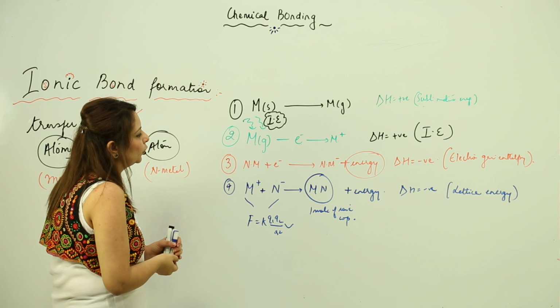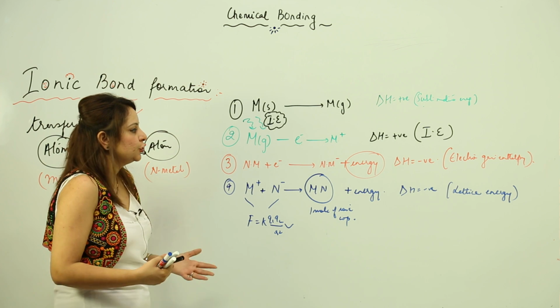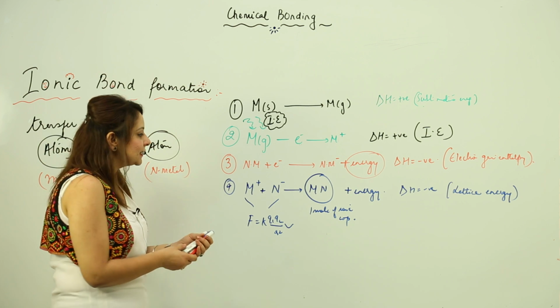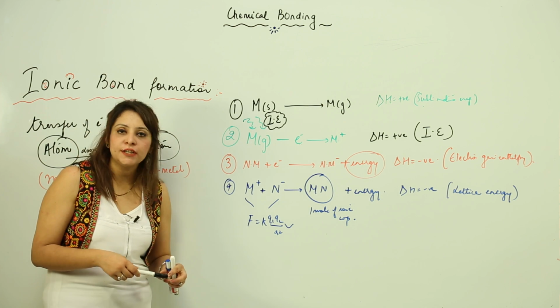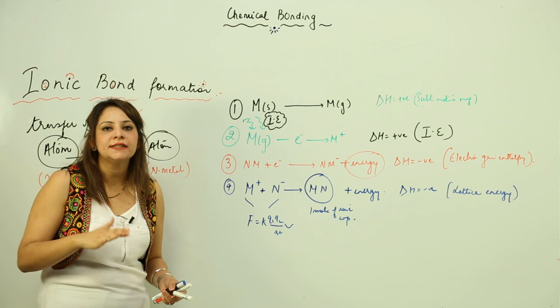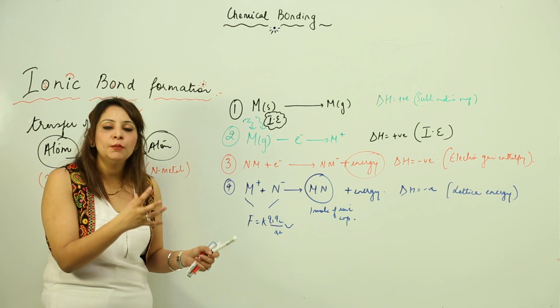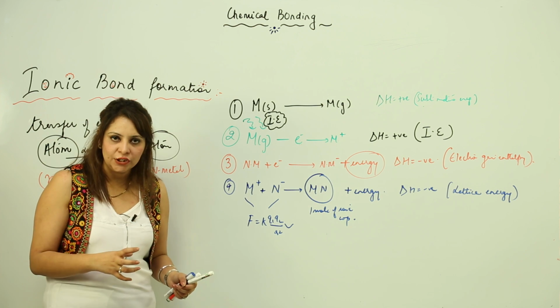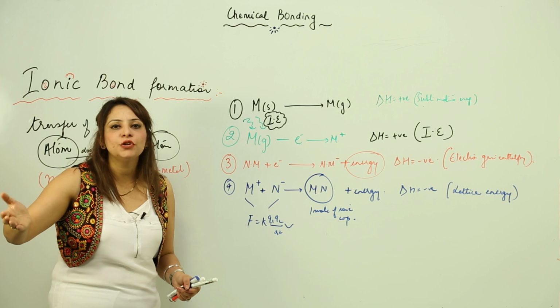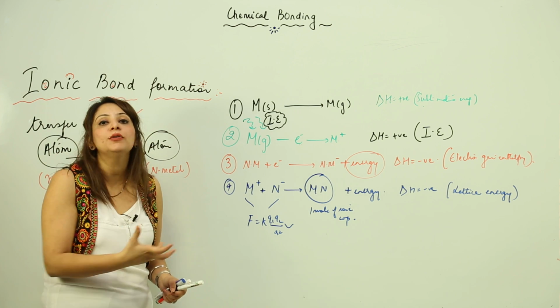So overall we have seen that in the first two steps we supply energy, and in the last two steps the energy is released. And we know that energy is considered to be a stress factor. The more energy released, the more stability. That means when a molecule possesses less energy, it will have more stability. Or you can say, the more energy released, the more stable the compound is going to be.